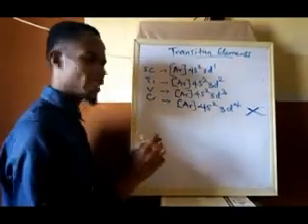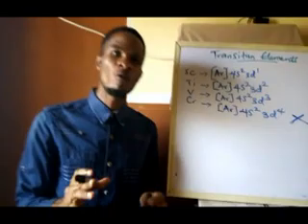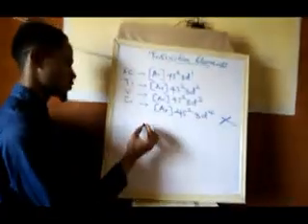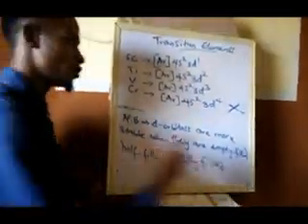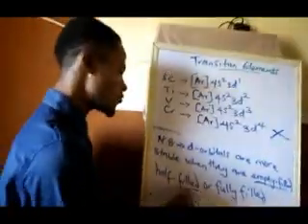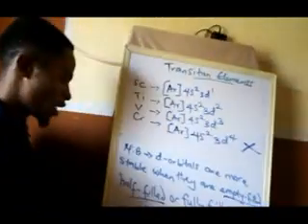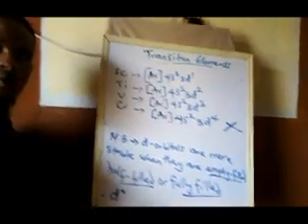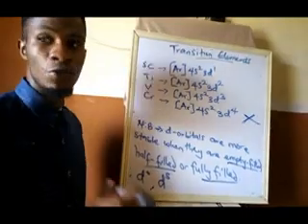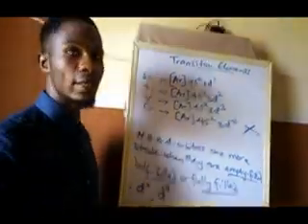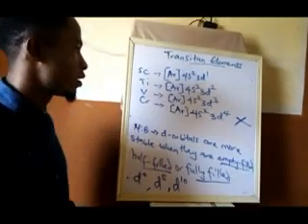This is because there is stability in empty, half filled or fully filled d orbitals. D orbitals are more stable when they are empty, half filled or fully filled. Empty such that we have D0. Then half filled such that we have D5, that is half of the total electrons that D can take, which is 10. And fully filled such that we have D10.